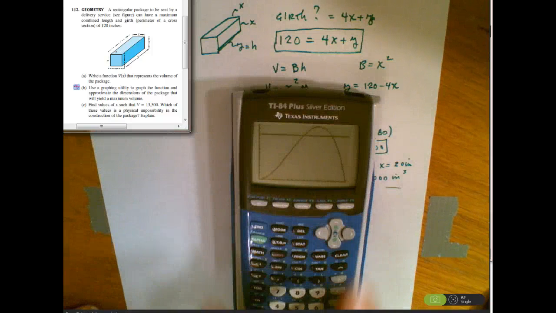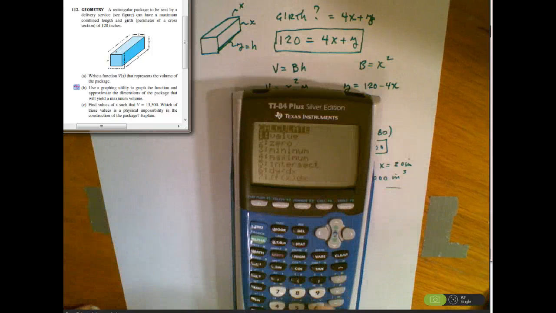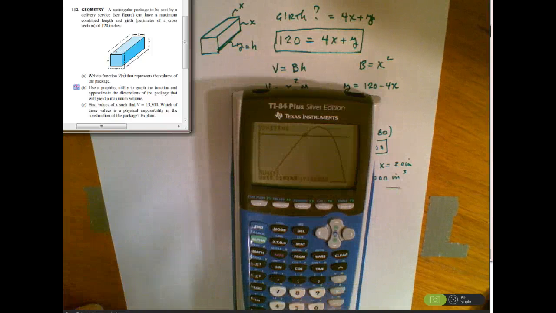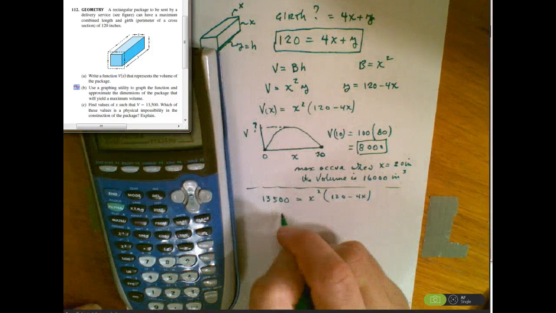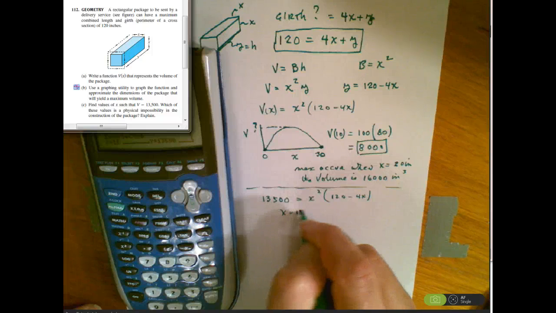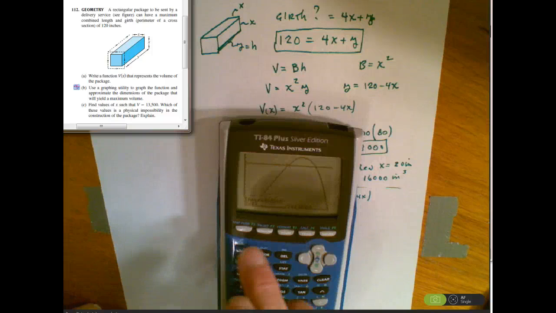Okay, we have two intersections. So let's look at the first one. The first intersection, I'll use second calc intersect, and the first curve is Y1, second curve is Y2, and I'm going to guess right where that one's at. So I get one value where x is equal to 15, and 15 inches, and that would be one value. Let's find the second one.